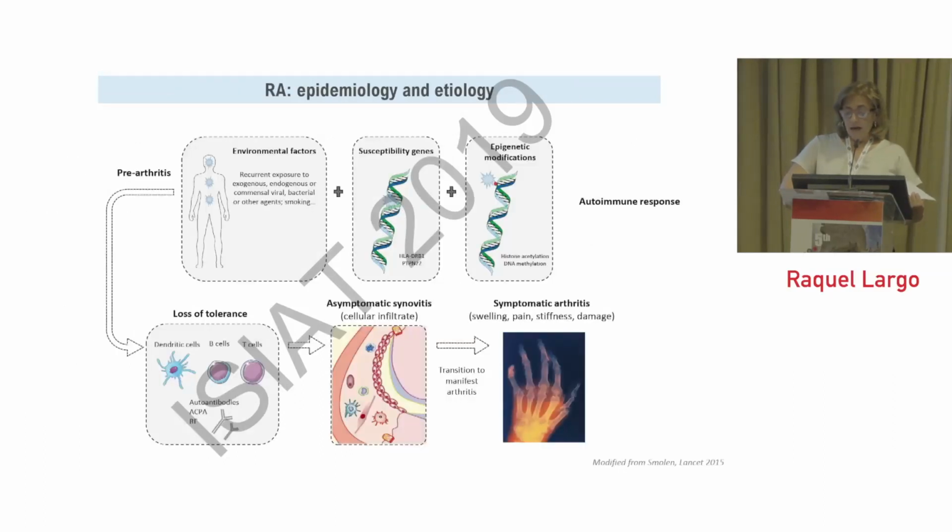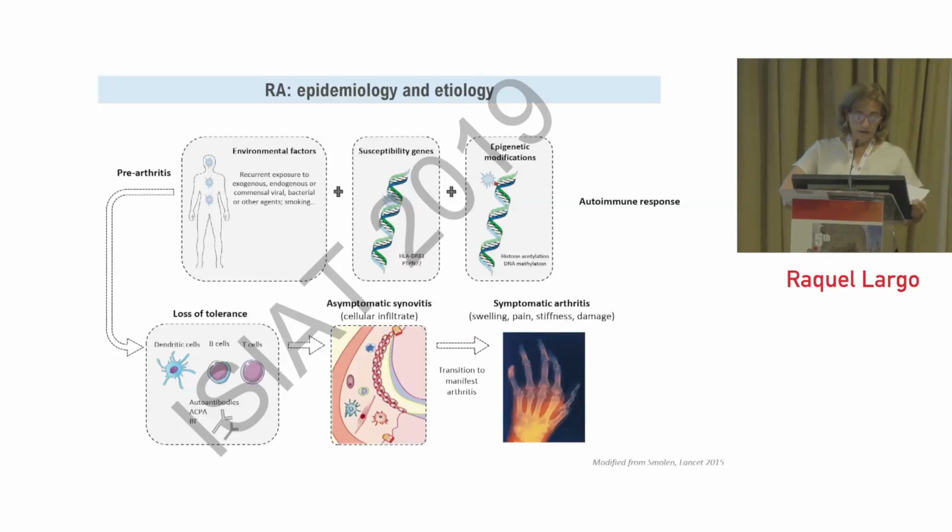In spite of the great advances in the research about this disease, we do not know the exact reason for the onset of the disease. It has been postulated that some environmental factors such as trauma, virus, or smoking, together with the presence of genes of susceptibility and in epigenetically modified individuals, trigger an autoimmune response that loses tolerance.